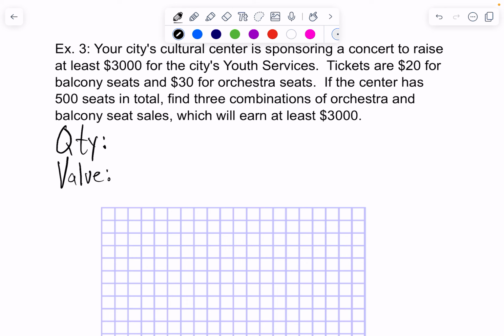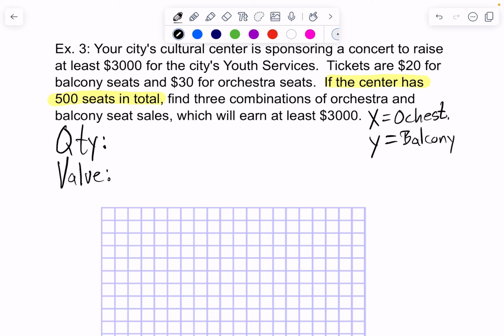So as far as quantity here, if you read carefully, it does state that the center has 500 seats in total. Okay, and these seats are made up of orchestra and of balcony seats. So first things first, I'm going to call X my orchestra seats, and I'm going to call Y my balcony seats.